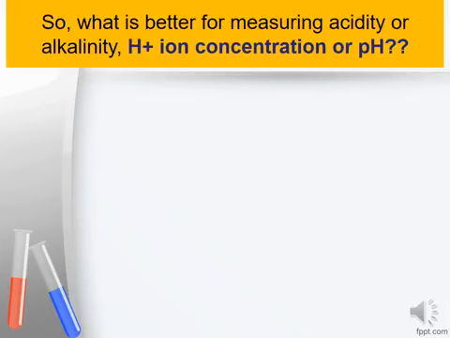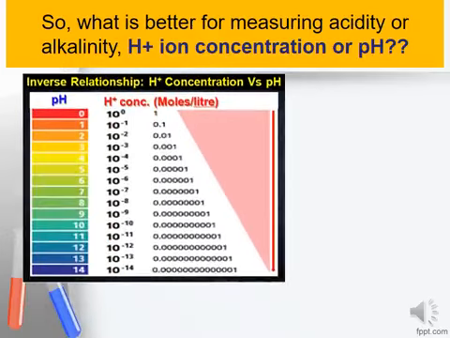Is it better to express the measuring of acidity or alkalinity in hydrogen ion concentration or pH? Shall we see it here? The hydrogen ion concentration in moles per liter is 1, 0.1, 0.01, 0.0001, with different zeros, and it is very, very small.